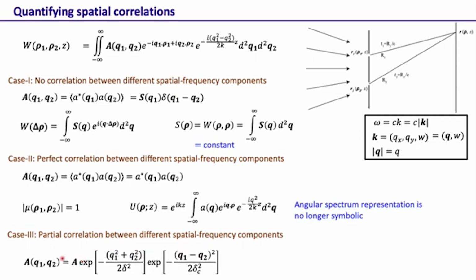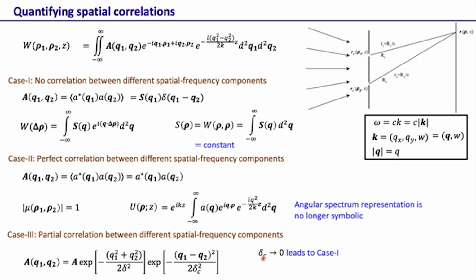So here I'm just putting one example of an angular correlation function that shows partial correlation. This is called the Gaussian shell model source. As we can see in this case, this delta C represents the correlation in the field between different spatial frequency components.